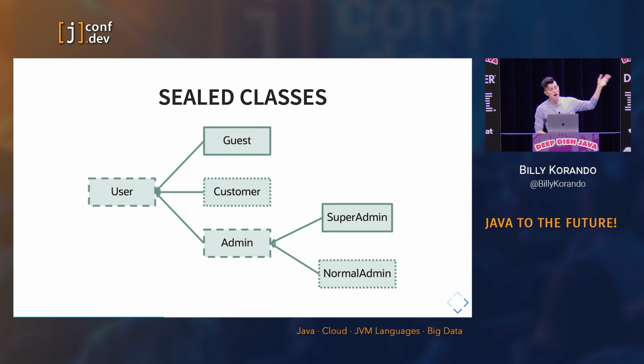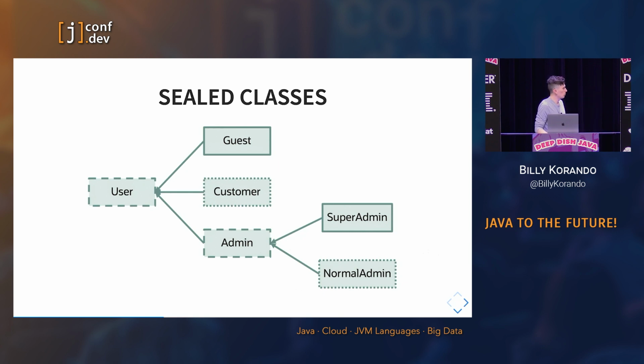Customer is a non-sealed class, which basically makes it a normal class where any other class could extend off of Customer, or at least any class that has visibility to it. And then Admin is itself also a sealed hierarchy, where we have a SuperAdmin and then a NormalAdmin, which is also a non-sealed class.